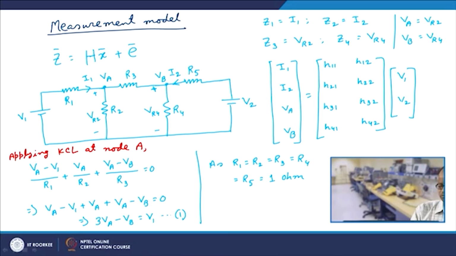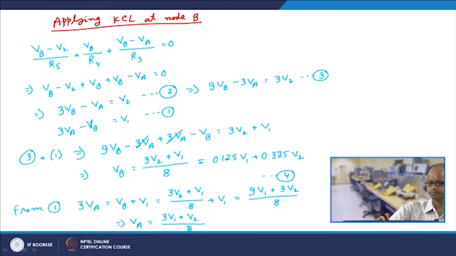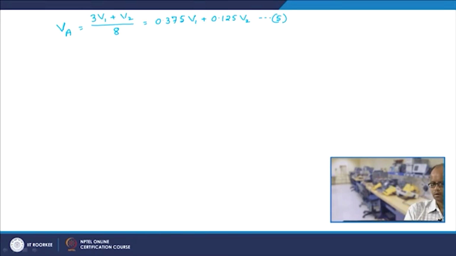So now after that we have to calculate what is I1. Now I1 is nothing but (V1 minus VA) by R1. So this is V1 minus VA, where VA is (3 V1 plus V2) by 8.